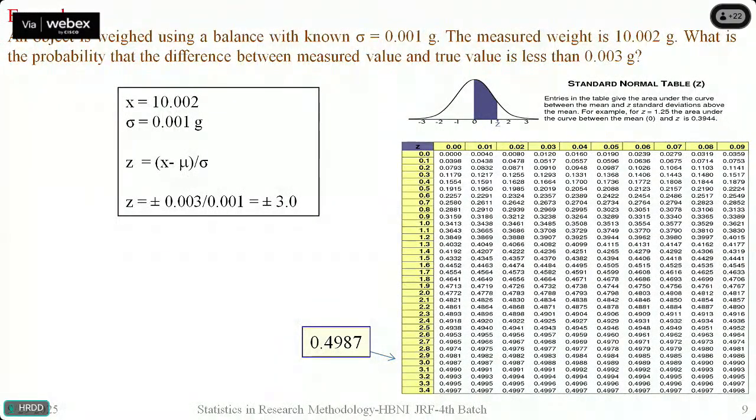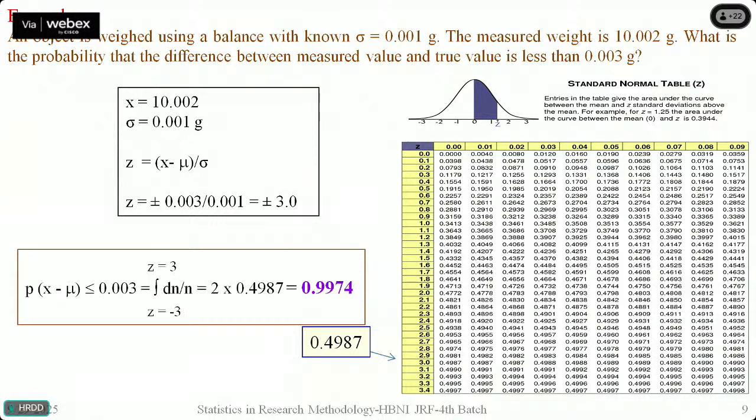Similarly, on the left side, the band is from -3 to +3, so you have to multiply by 2. It corresponds to 0.9974. 1 is the total area, so in percentage it is 99.74%.